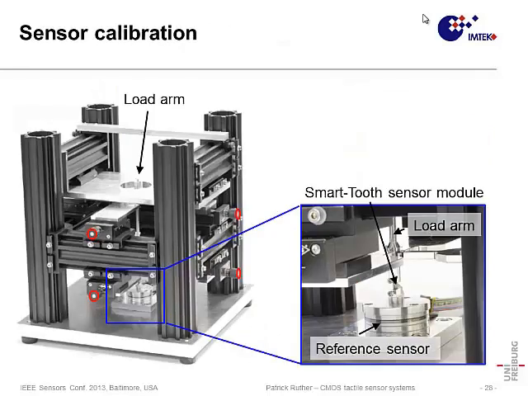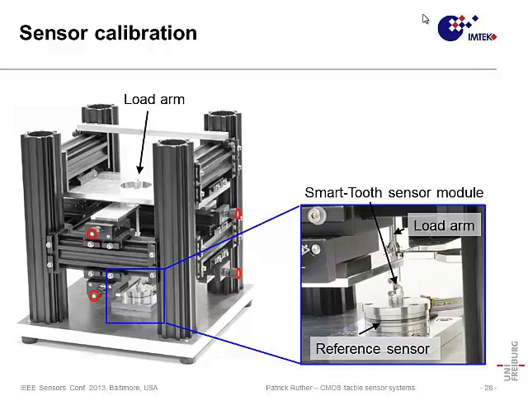These systems are then calibrated with a custom-made setup, and what you see here is a frame with multiple stages that allow you to tackle here a load arm, and this load arm is connected to your smart tooth system. What you also have here is a reference sensor that is capable of monitoring forces and moments.